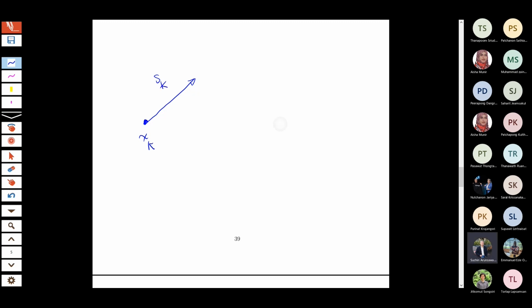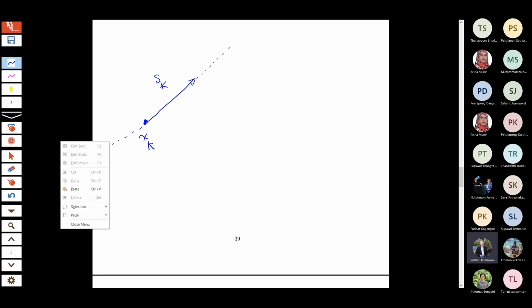We move along this direction to find a suitable step size alpha, which you will see in chapter 5.